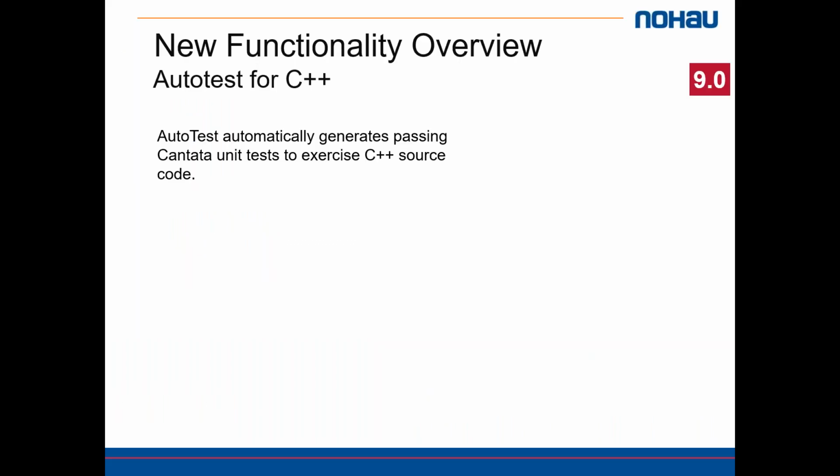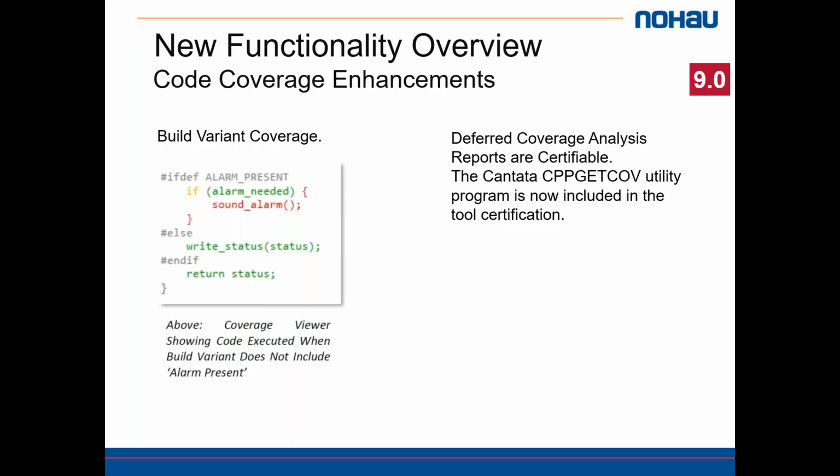Okay, something else about the new functionality besides the auto test for C++. There is the possibility to have build variant coverage. And build variant coverage could be, let's say you have different targets, for example, that you have your compiler flags to set up what type of target you have.